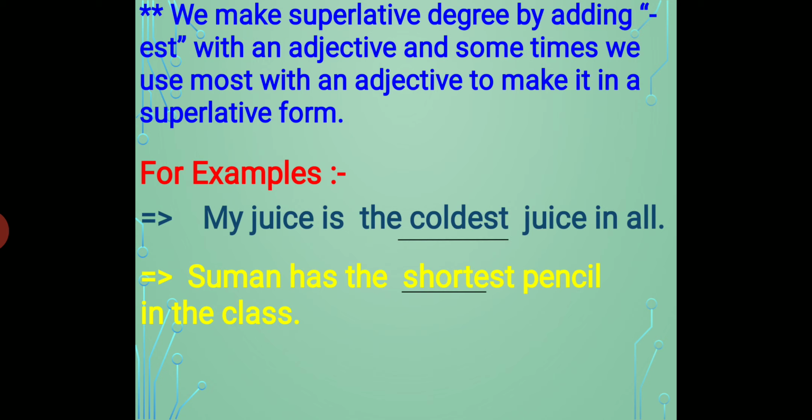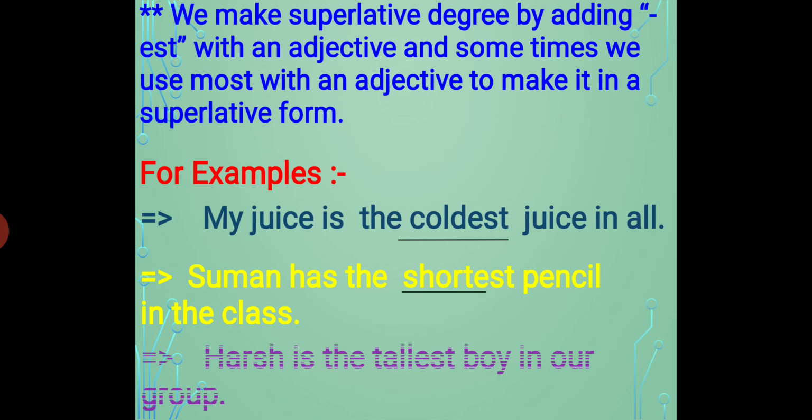First is that it is compared. The comparison will be among more than two nouns, and if the is in the sentence, the answer would be in the superlative form. The next is: Harsh is the tallest boy in our group.